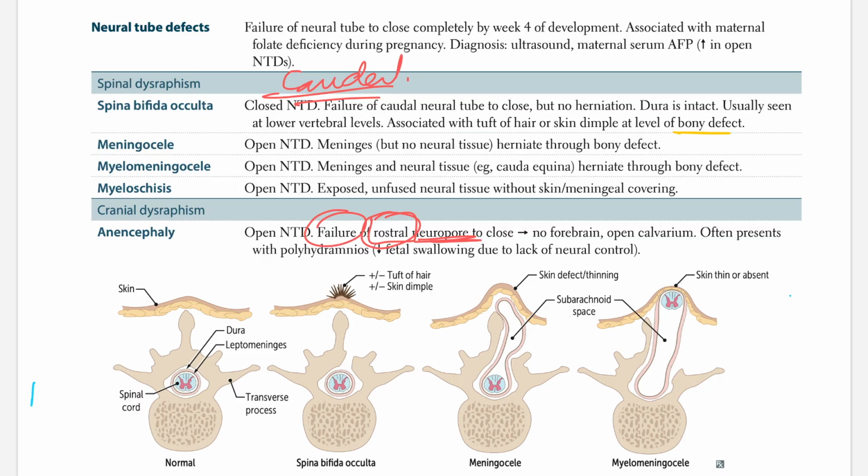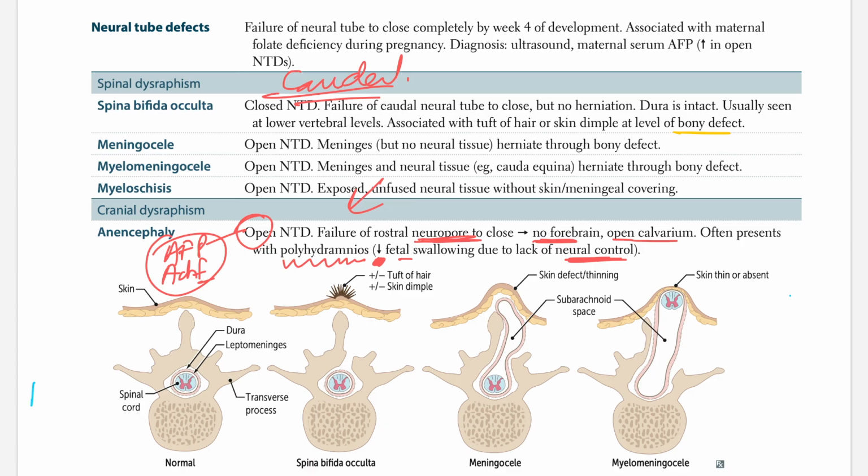So if you have that, what is going to happen is the patient would develop anencephaly. It is again an open entity, meaning you will have AFP and AChE present. There is a failure of the rostral neural pore to close, leading to no forebrain, open calvarium, often present with polyhydramnios. Why? Because there is decreased fetal swallowing due to lack of neuronal control.